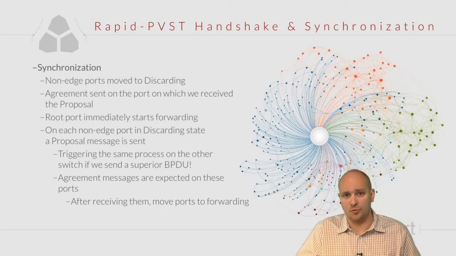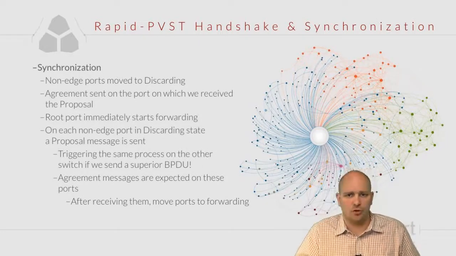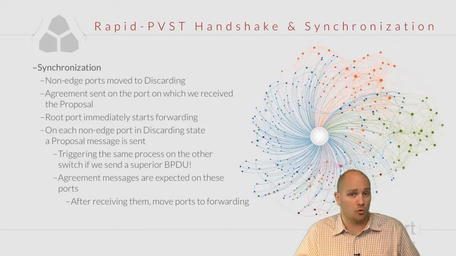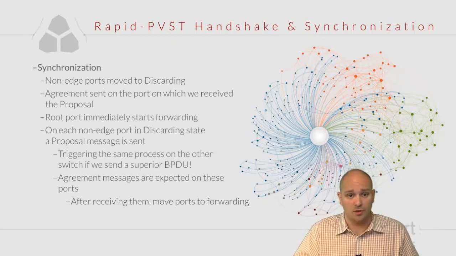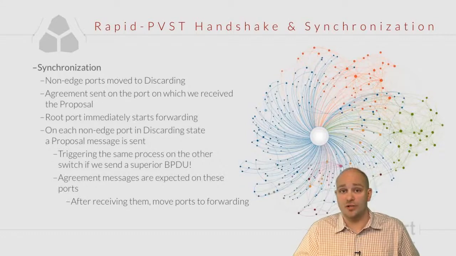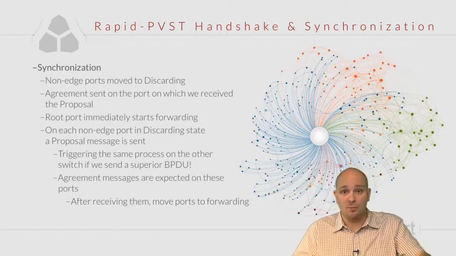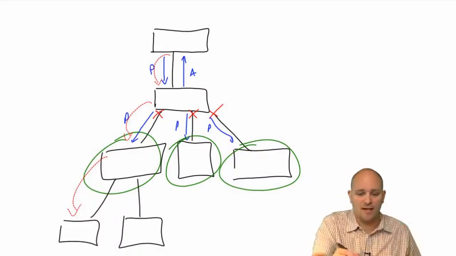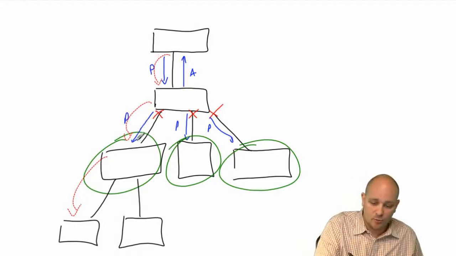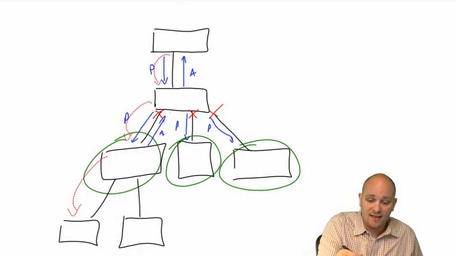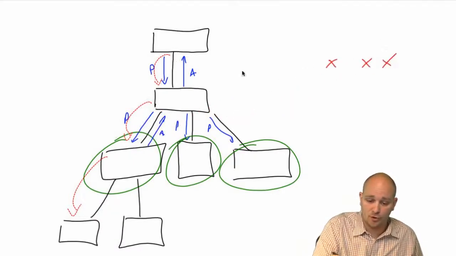the agreements to arrive. When we receive the agreement message on the port on which we have sent out the proposal, we are immediately going to transition it into the forwarding state. So in our example, when this switch has agreed with the agreement, at that moment we are going to start forwarding here. This port is no longer going to be blocking.